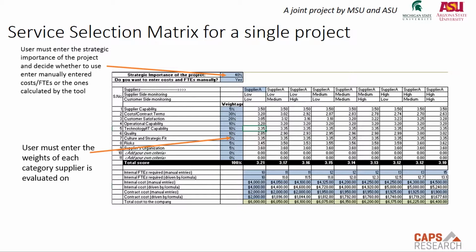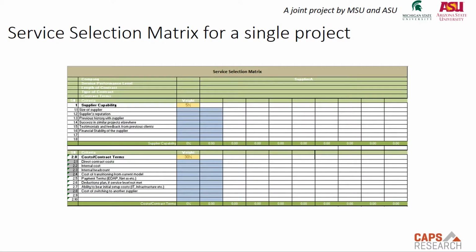And again, this is completely configurable by the user in terms of the different weights on the different categories and actually on the elements of those categories. So if I look at supplier capability and cost contract terms, for instance, I have a separate sheet for this particular project that will look at the information about that. And you can see that the user can then supply weights for the elements within a category.